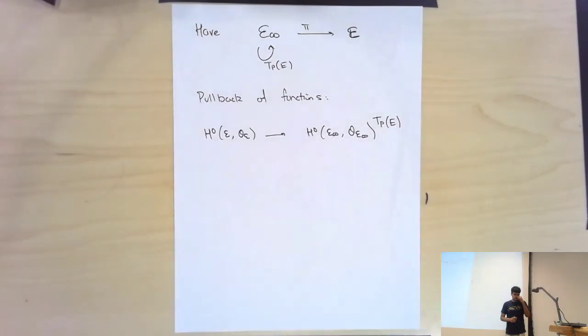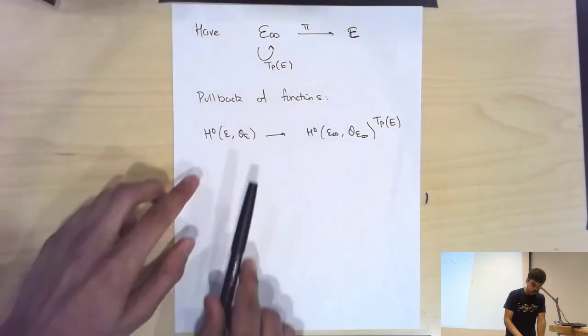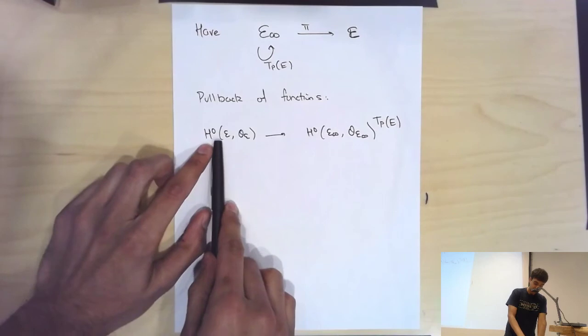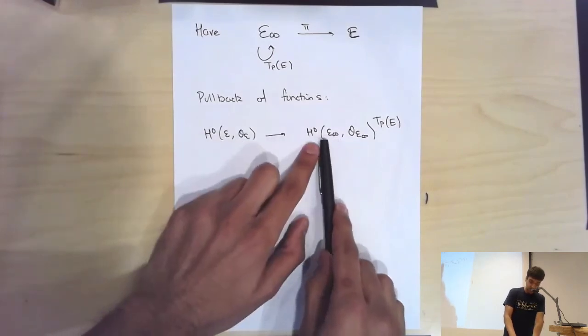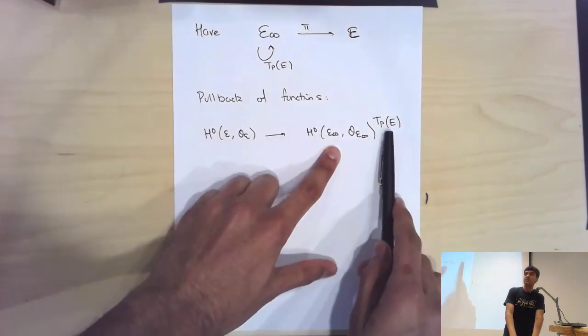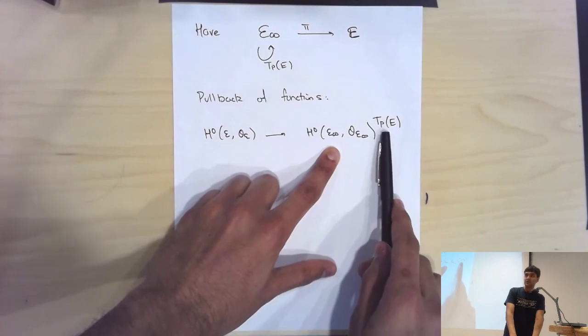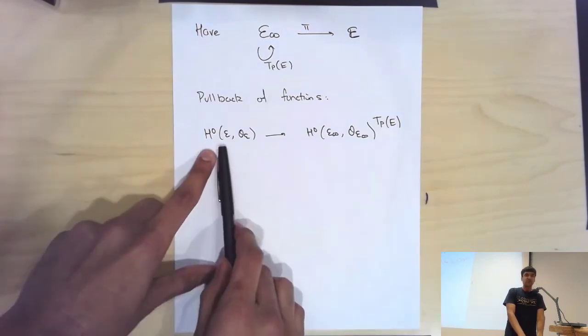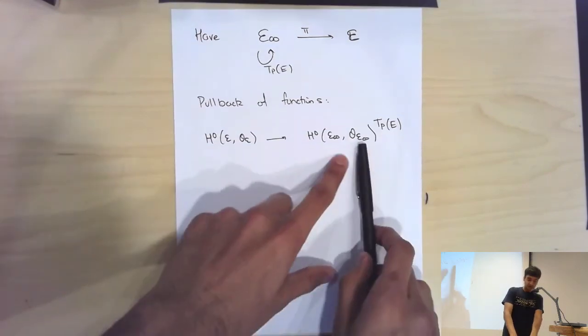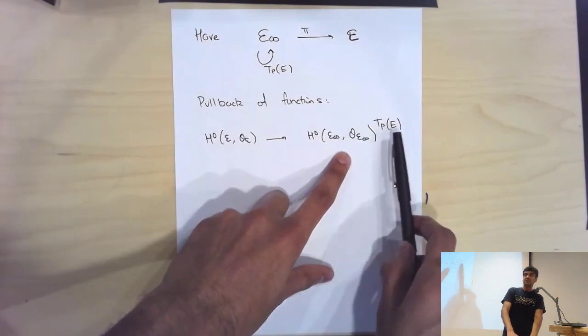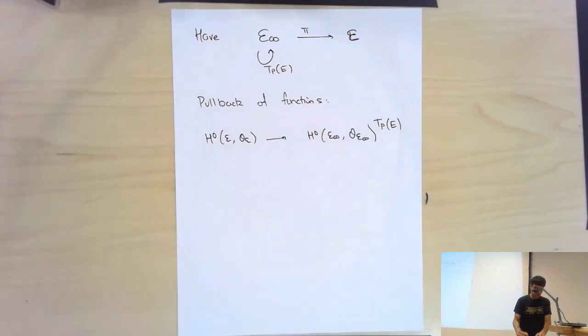That's essentially what it means for this map to be invariant for the group. But now, here I have a functor which is H^0 of something. Here I have another functor which is H^0 of something, and then I'm taking group invariants, which is also H^0 in the world of group cohomology. So on the left-hand side, I have a functor for which derived functors make sense, and on the right-hand side, I have a composite of functors for which derived functors make sense. So you can derive the whole picture.